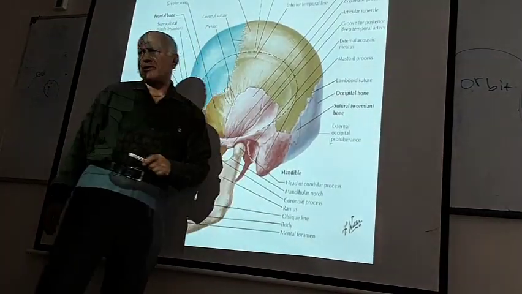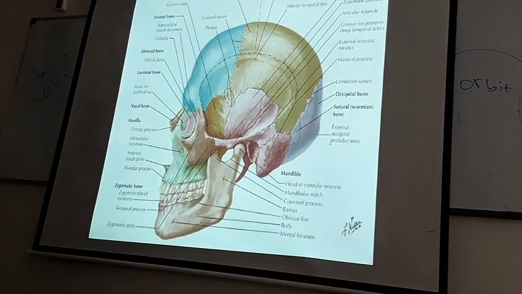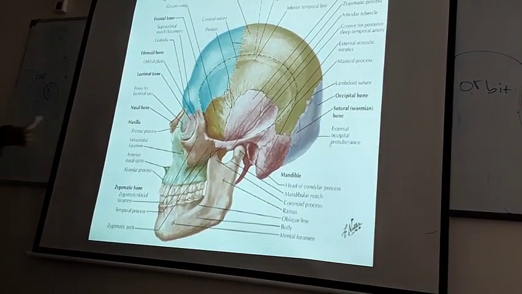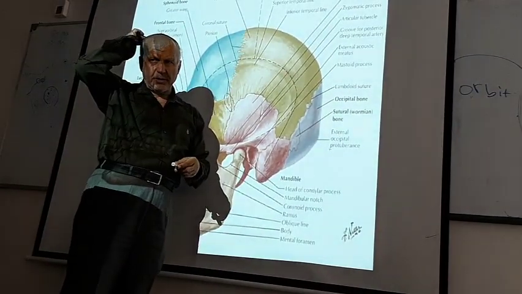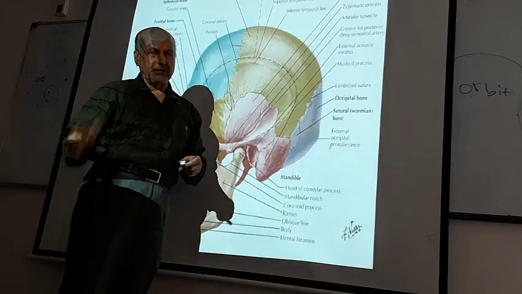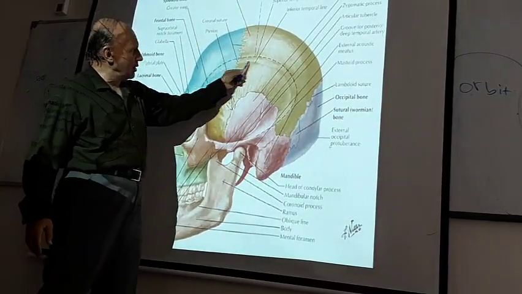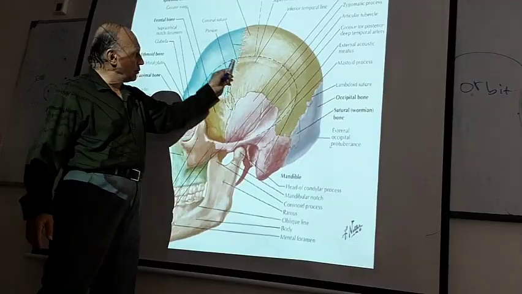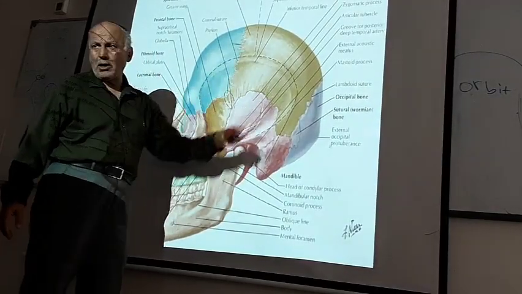It has two surfaces, one external and another internal. In the external surface, we have a tuber, which is touchable in our cranium. It is named the parietal tuber. And here we have two lines, the superior temporal line and the inferior temporal line.